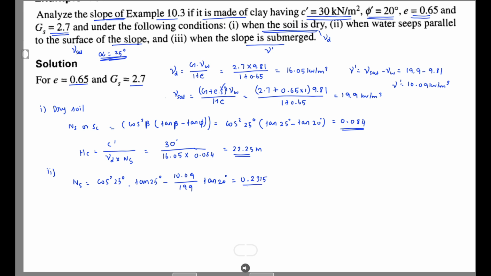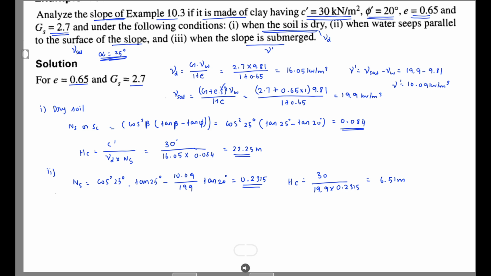This is the stability number Ns. Now substituting, Hc equals 30 divided by gamma saturation 19.9 into the Ns value 0.2315, and we get 6.51 meter. So the Hc value is 6.51 meter.